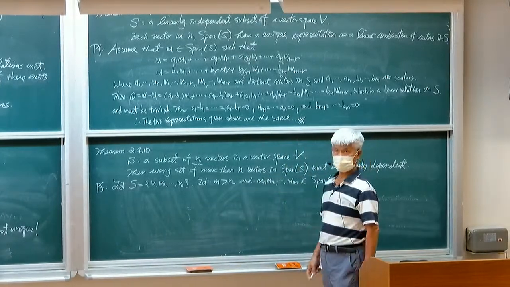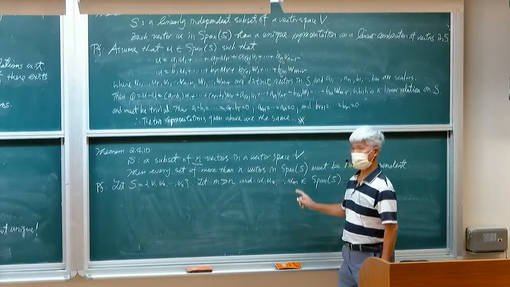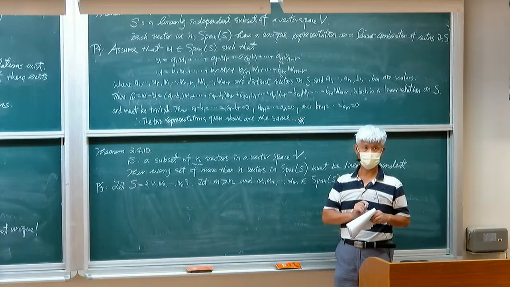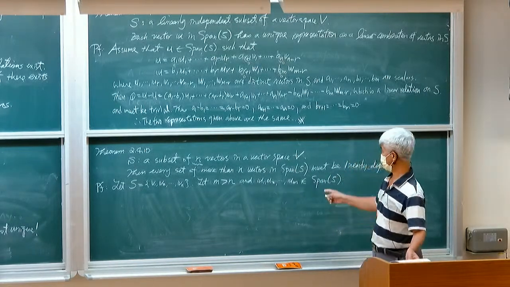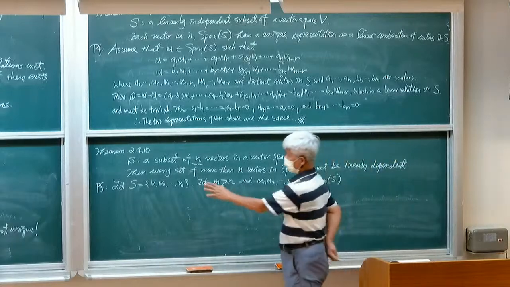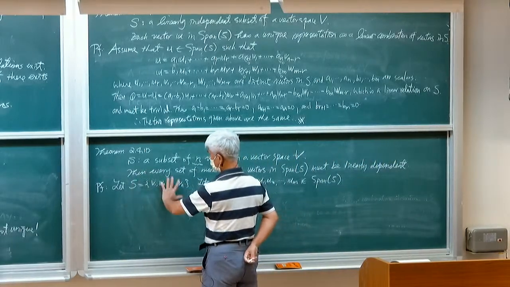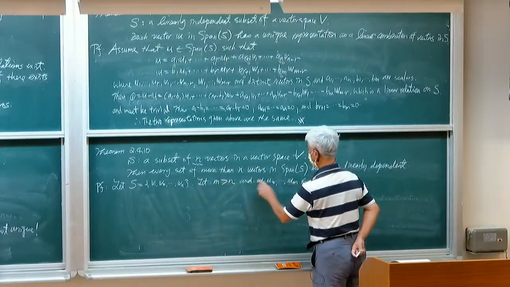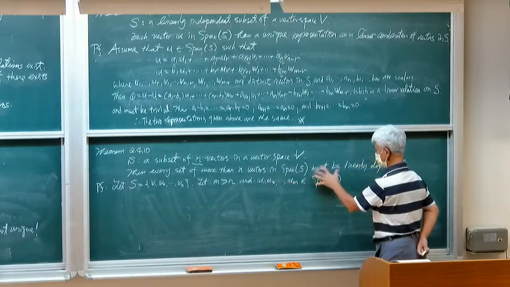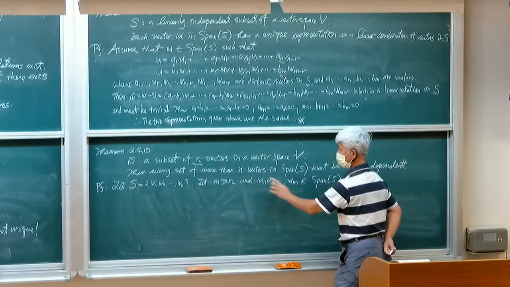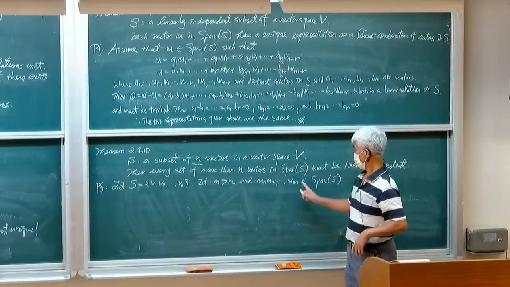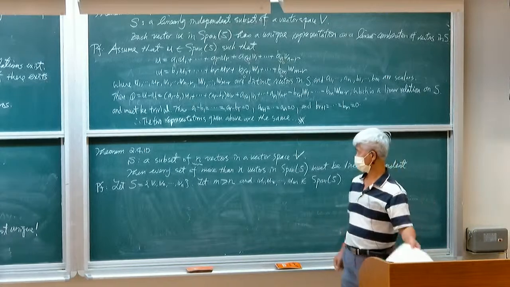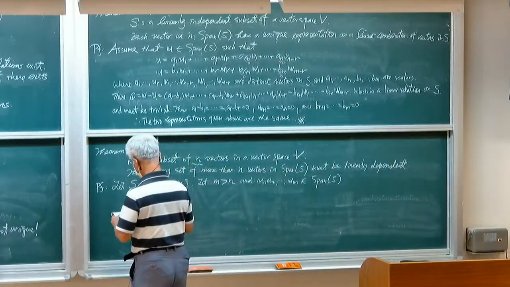And we want to show that U1, U2, up to UM form a linearly dependent set. Okay. So you can see S is just an arbitrary set of n vectors. And then for m greater than n, you just select m vectors from the span of S. Then these m vectors form a linearly dependent set. Yeah. So this is what we want to prove.